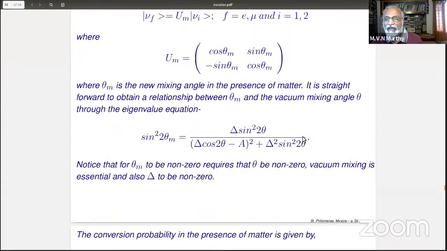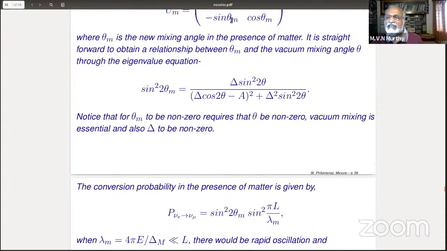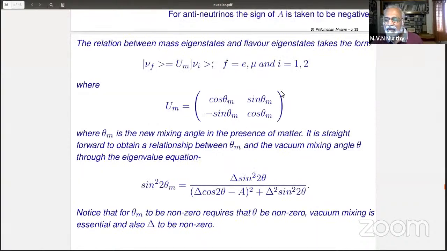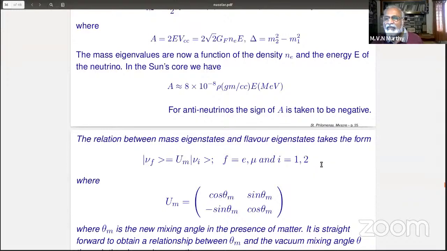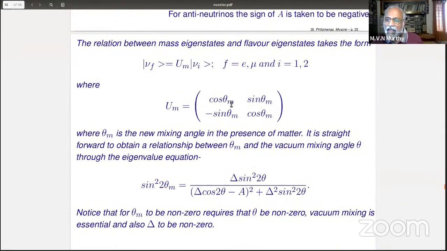So now, if you consider what this theta m is, which diagonalizes the mass eigenbasis inside matter, it turns out that sin squared 2 theta m is given by delta squared sin squared 2 theta divided by (delta cos 2 theta minus A) whole squared plus delta squared sin squared 2 theta.